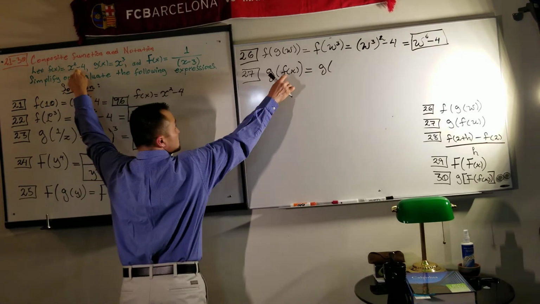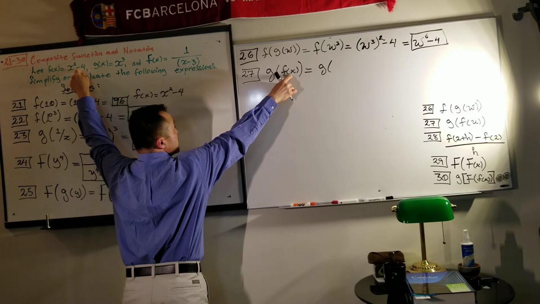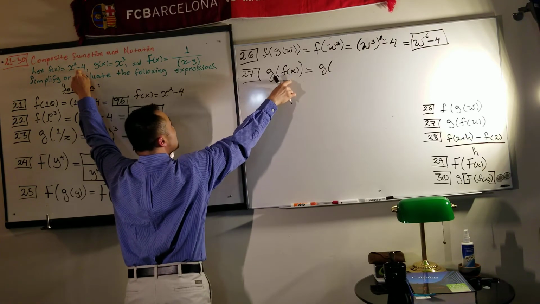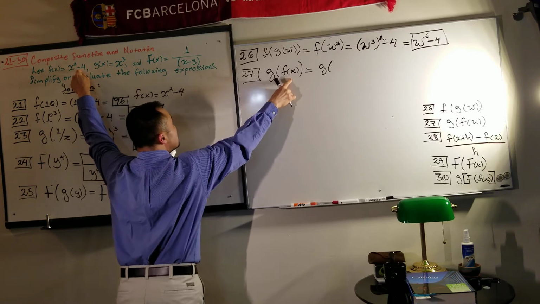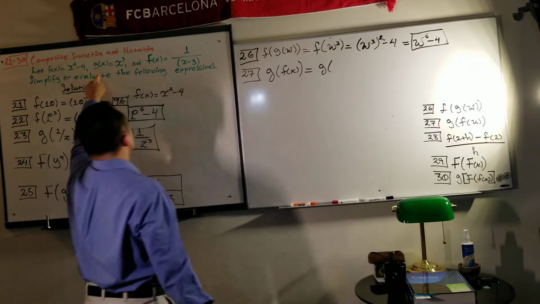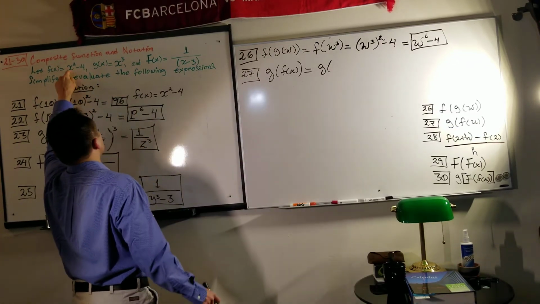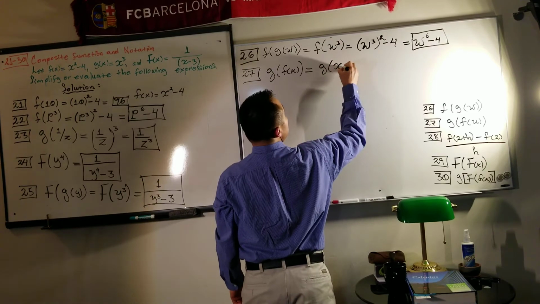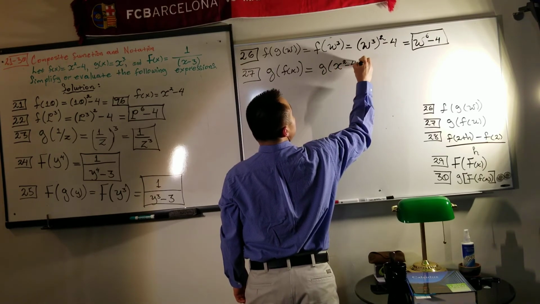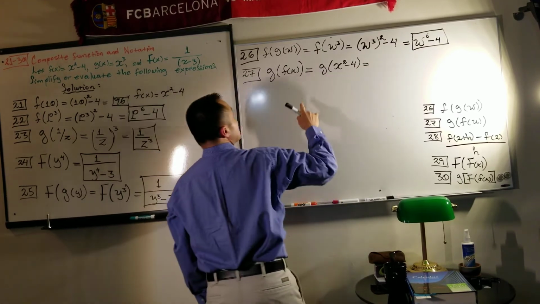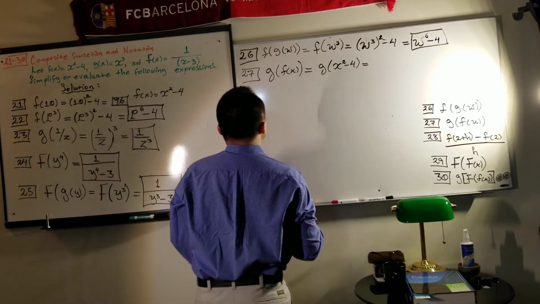In this case, since x does not have any letter other than x, all we gotta do is just transfer the function as it is. So f of x is gonna be equal to x squared minus 4. And then this is gonna be equal to g of x squared minus 4.